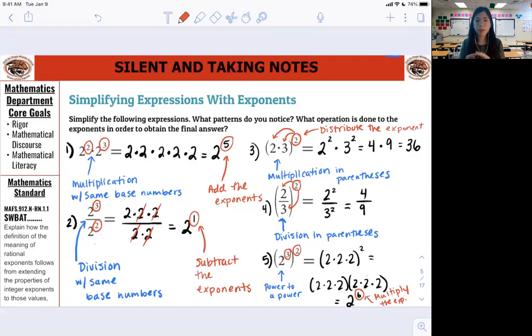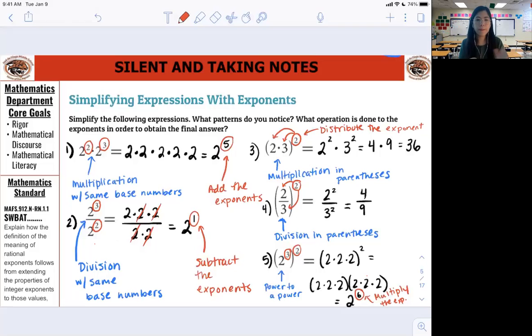Then in number 3 and number 4, we were able to distribute the exponent into those parentheses. And in the final one, when you had a power to a power, so we had 2 to the power of 3 to the power of 2, you multiply the exponents. Questions on the patterns before I have you write down the actual rules?